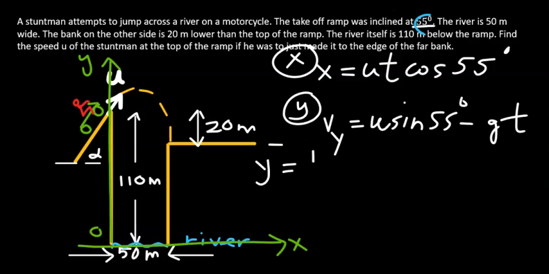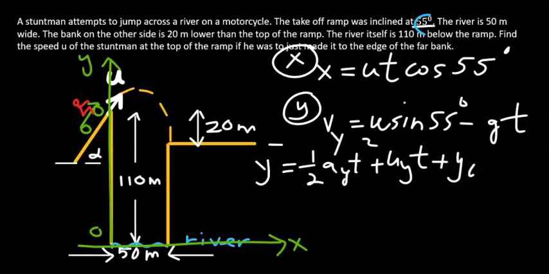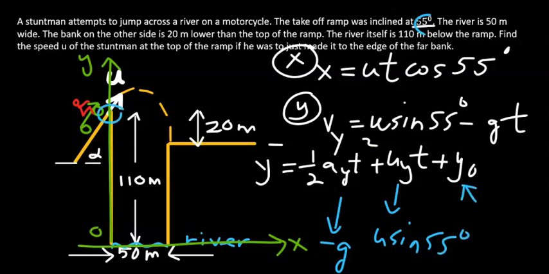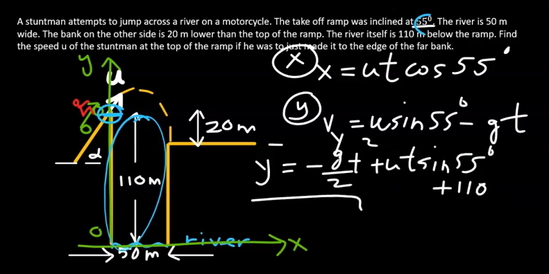That is given by half the acceleration along the y direction, t squared, plus u_y t plus the initial y-coordinate of that stuntman. a_y is minus g, u_y is u sine 55 degrees, and y naught is the y-coordinate of the starting point of that stuntman, which is 110 meters. So substituting this information in this equation, we get all that.